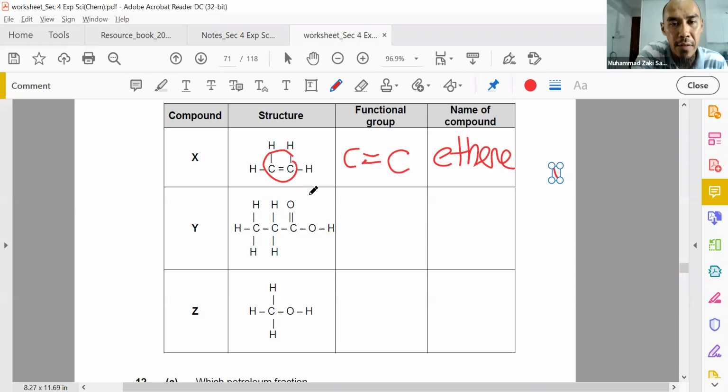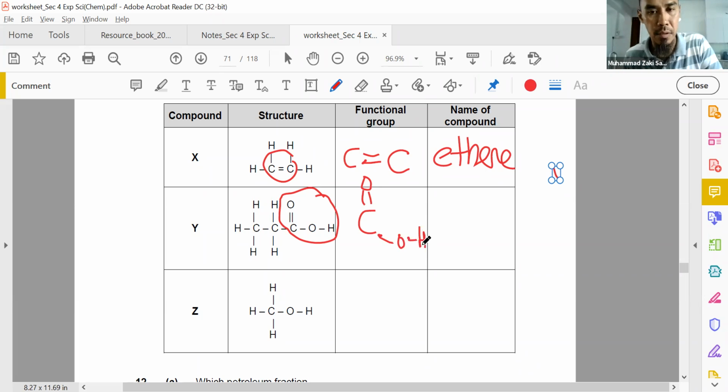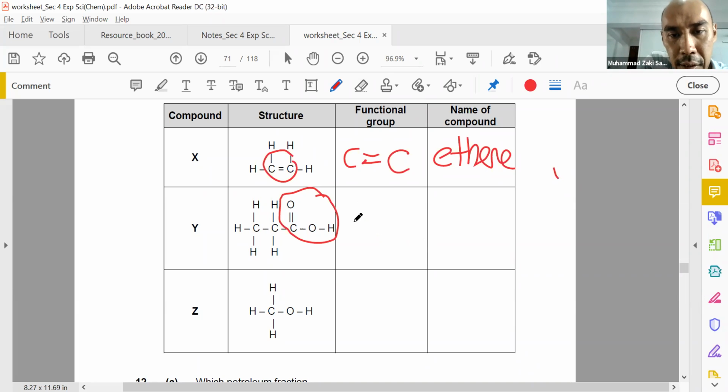Next, Y. The functional group is the carbonyl group, C double bond O, and OH. This one you cannot do the model because we have only one oxygen.